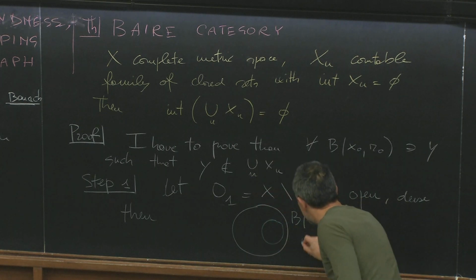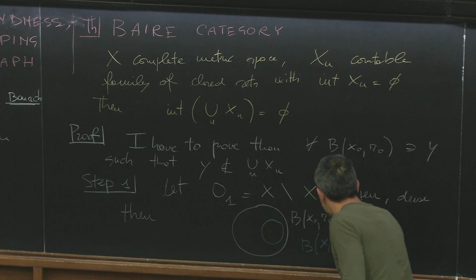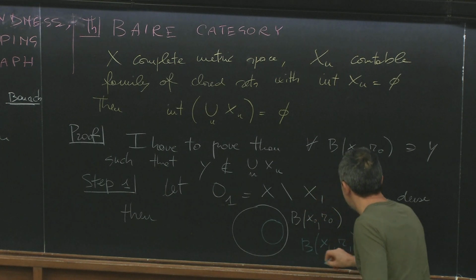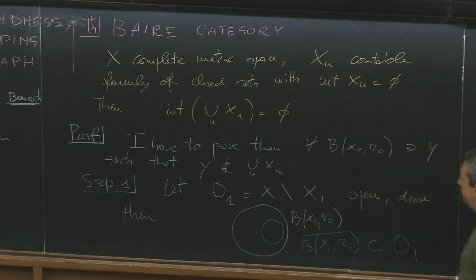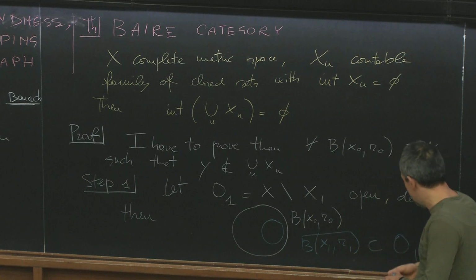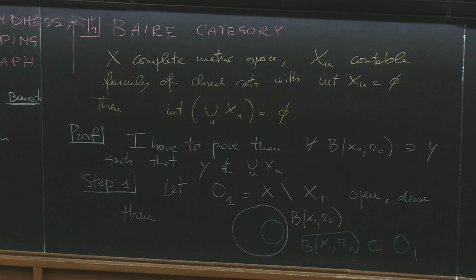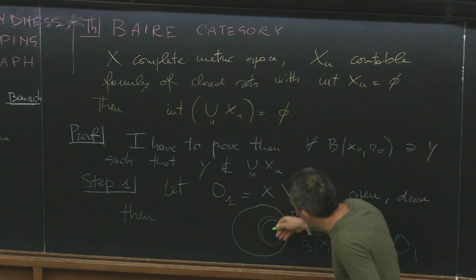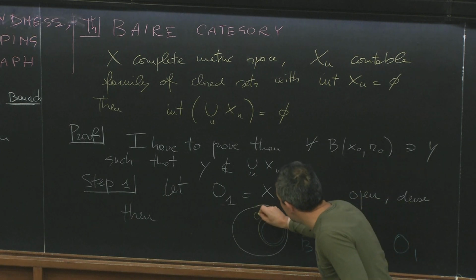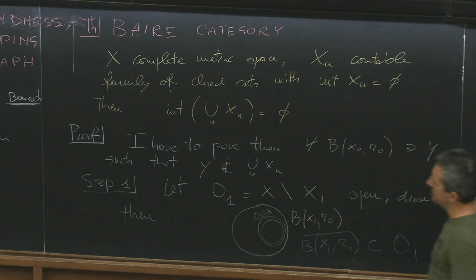I take a ball B(x1, R1) contained in O1. Because there exists for sure an open ball, I can take something smaller, and then the closure is inside O1. So this should be O1, for example, and then I have a smaller ball which contains the closure.